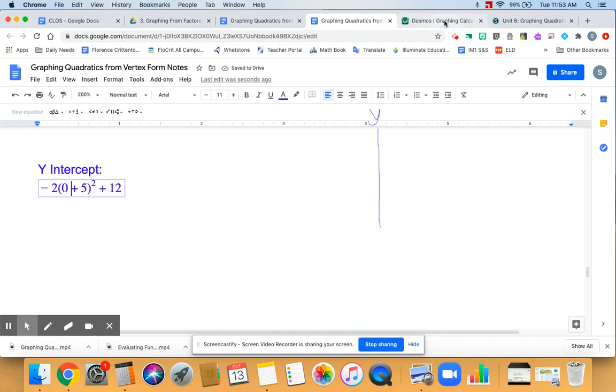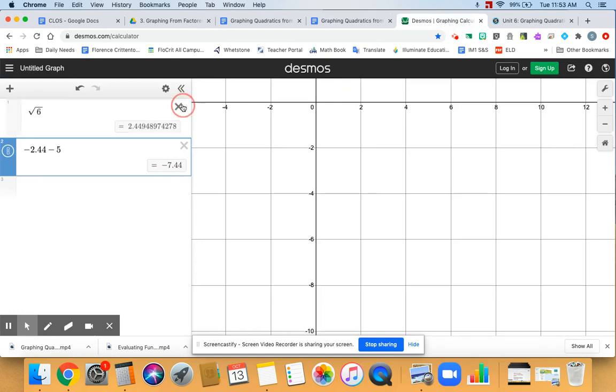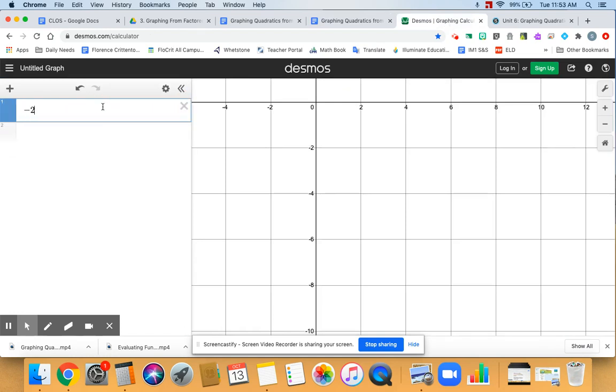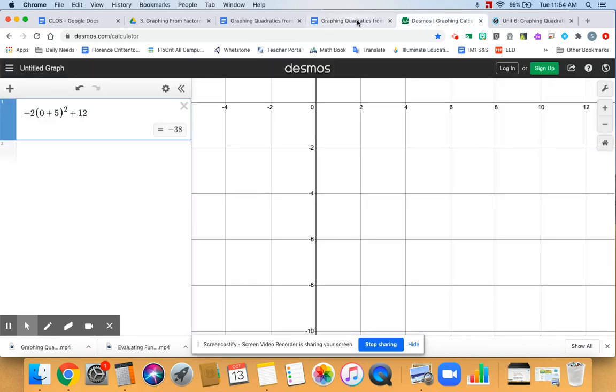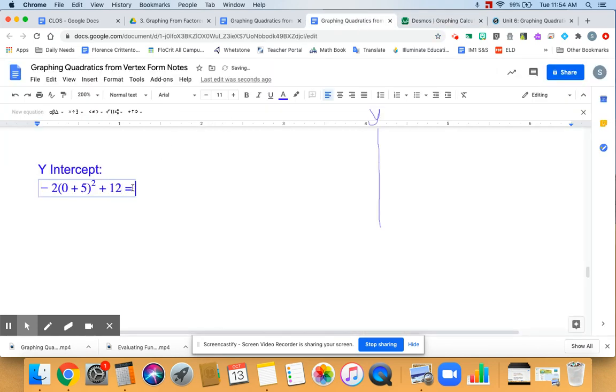And so if I put this into a calculator, it's negative 2 parentheses 0 plus 5 squared plus 12 is negative 38. So the y-intercept, when I plugged in 0, I got out negative 38.